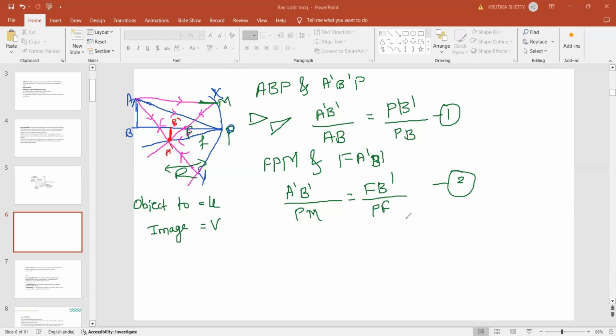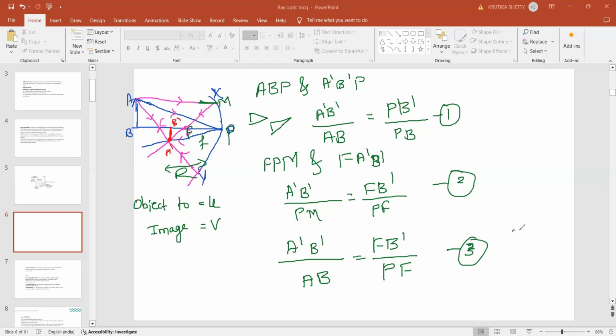Now from equation 2, we can also write A dash B dash divided by PM, and PM I will write as equal to AB, which is equal to F B dash divided by PF. This is equation 3.